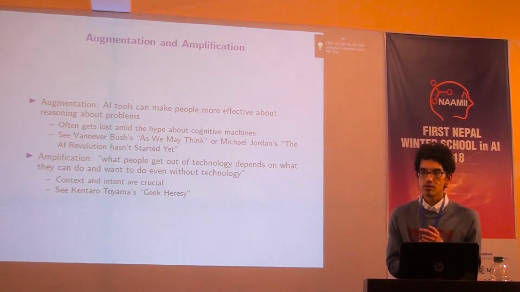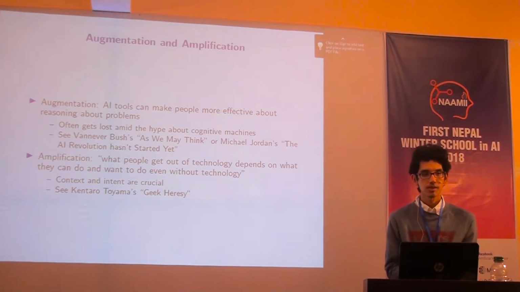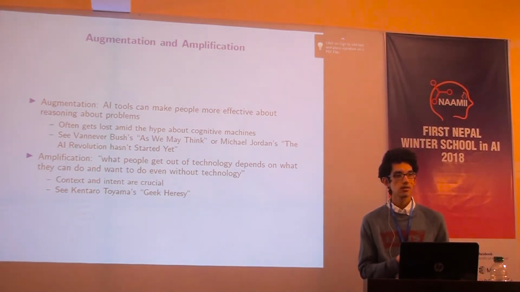Most of what I've learned about this comes from a researcher called Kentaro Toyama, who worked at Microsoft Research India maybe 10 years ago, not in machine learning, but in a field called ICT, Information and Communication Technology.